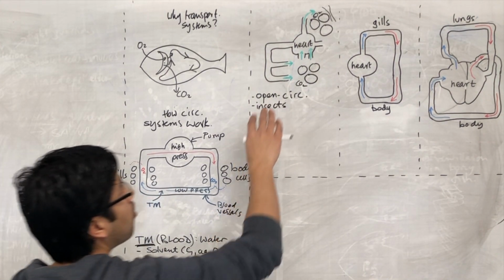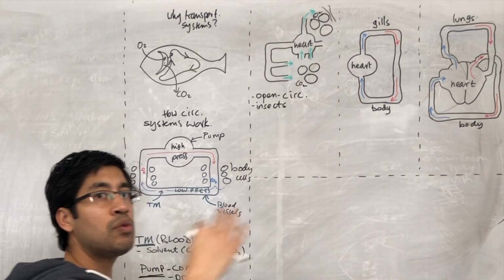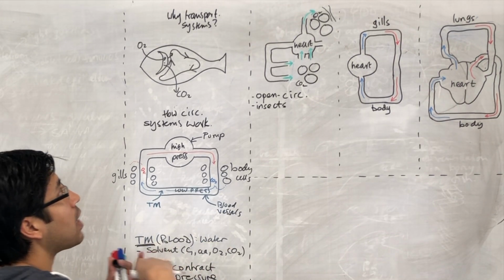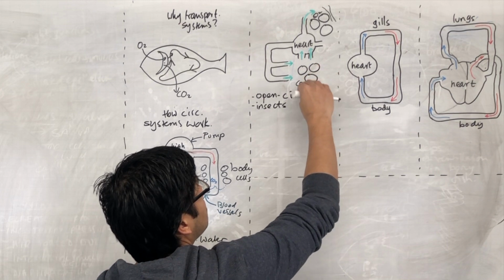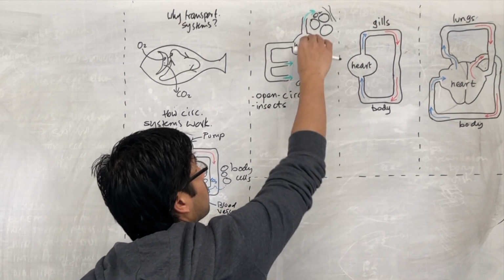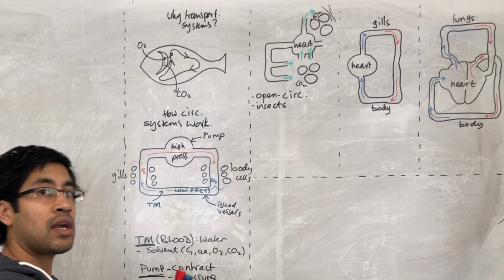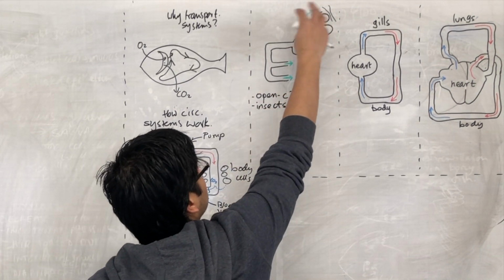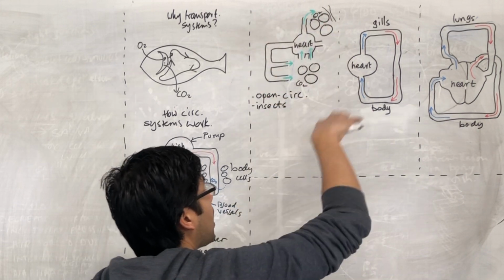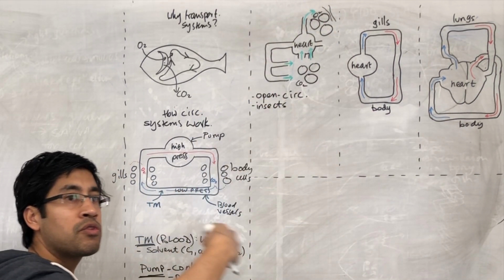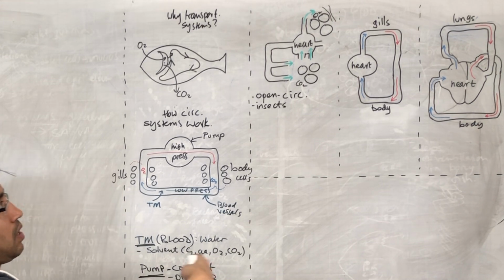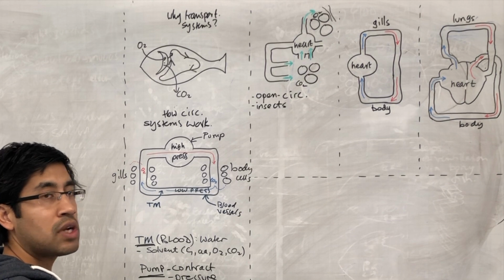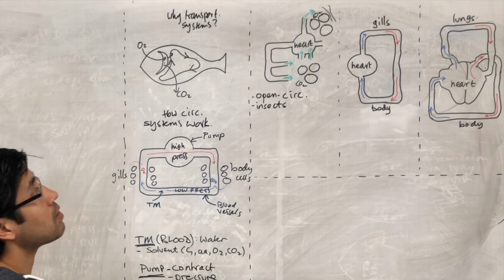The purpose of this system is to keep that fluid moving around the organism so that the CO2 can be moved perhaps closer to a place where it can enter the tracheole and then diffuse out, and the fluid near the tracheole with a higher oxygen concentration can be moved around the body until it gets to places where there's a lower concentration of the oxygen, and so it can diffuse into the cells.